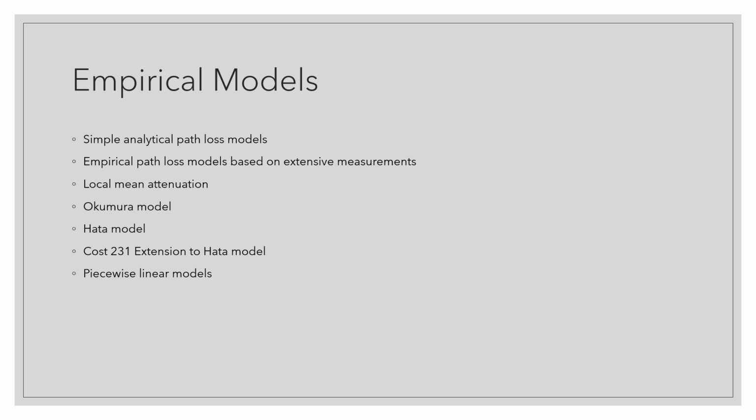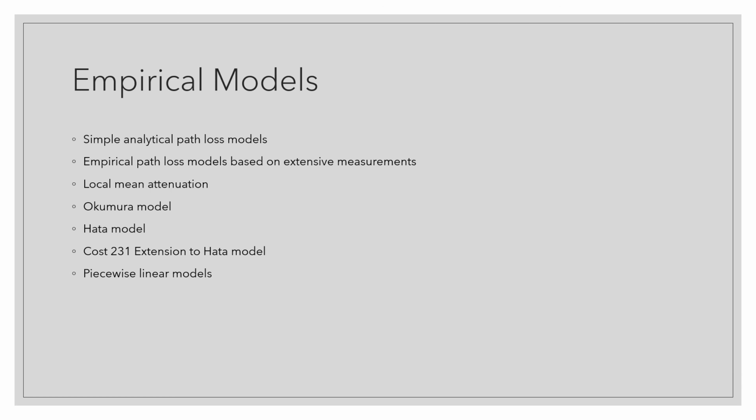The next one is local mean attenuation. It is an empirical measurement of local received power. The next one is the Okumura model. It is an empirical model used in irregular terrain. The next one is the Hata model. It is an analytical approximation to the Okumura model.